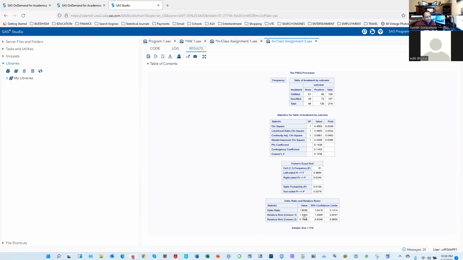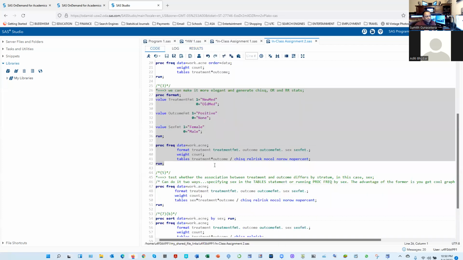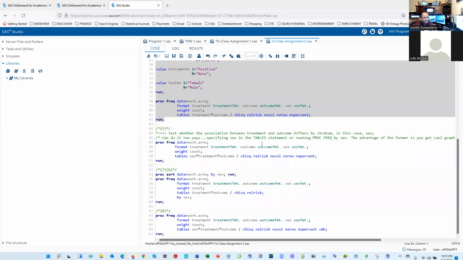You have an odds ratio, you have a relative risk, then you have a chi-square, to see whether this is effective or not. Effective or not means you're going to run it and see whether there's an association or not. Then the chi-square test. That's the chi-square test.